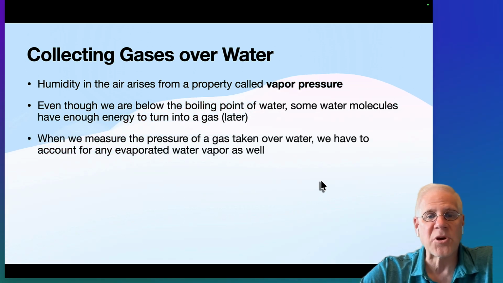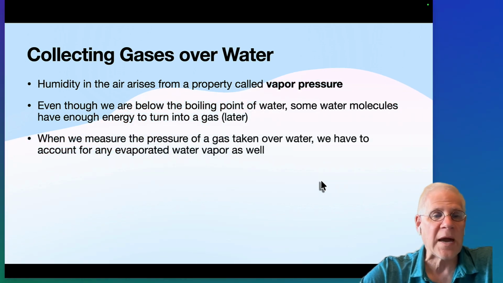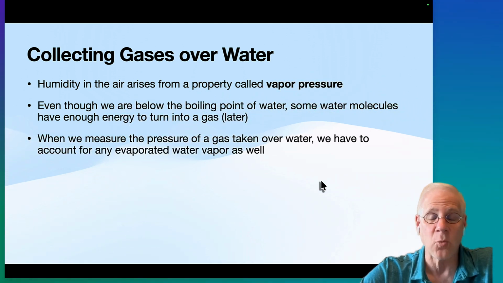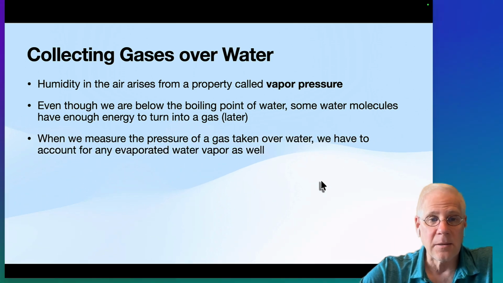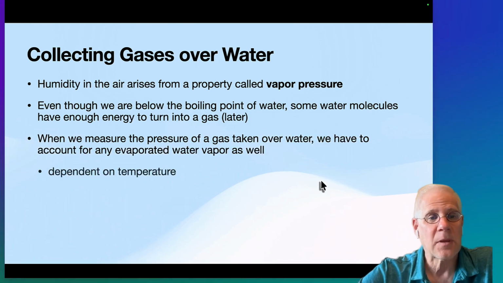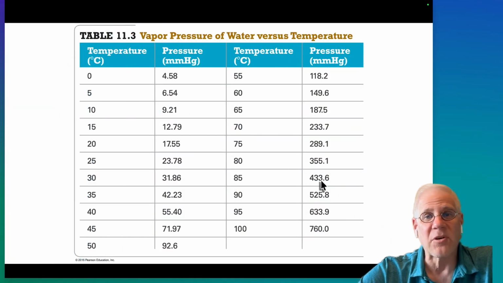When we measure the pressure of a gas taken over water, we have to account for any evaporated water vapor as well, because evaporated water vapor is water gas, and because it is a gas, it will exert some pressure. This is highly dependent on temperature, but it's also very easy to tabulate, as we've done here. So this is the vapor pressure of water versus temperature.